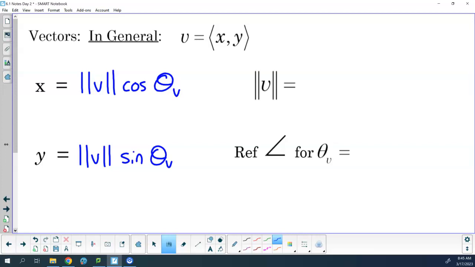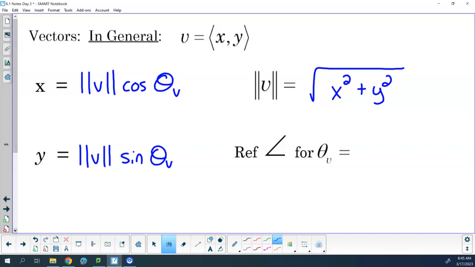Now, where we come up with those: the magnitude of v, if we make it a right triangle, would be the square root of x squared plus y squared. Old school distance formula. If you're given 2 points, the coordinates of the head and the coordinates of the tail, you first have to find that vector by subtracting head minus tail, and that gives you the vector in component form.